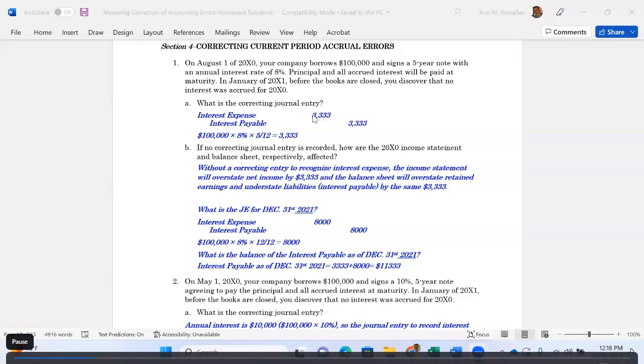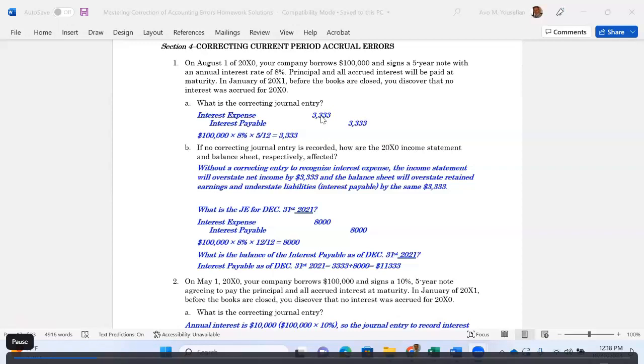Make sense? So one more time, let's go over this. So if we don't record the expense, it will be understated. That means profit will be overstated. If I made it wrong, I'm sorry about that. Let's do it again correctly. If you don't record the expense, it will be understated. If expense is understated, that means profit, net income, will be overstated.